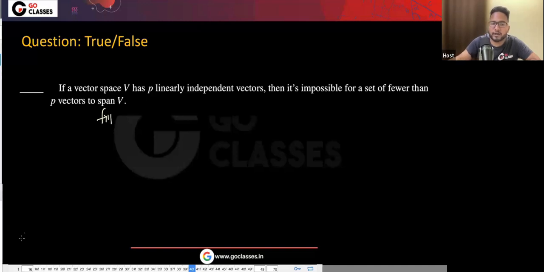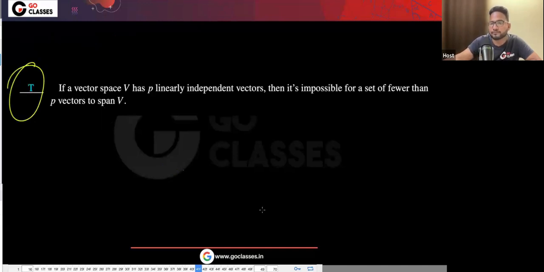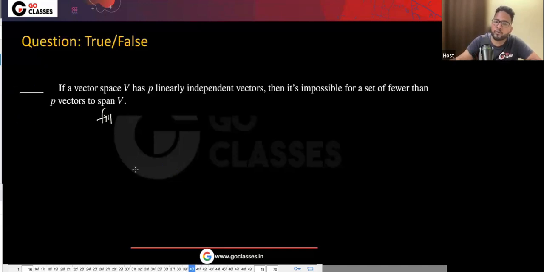For example, you take R3. If it has three linearly independent vectors, then you can't fill that R3 with just two. So this is true. Let me know how many of you have not understood this. Is this correct? Okay.